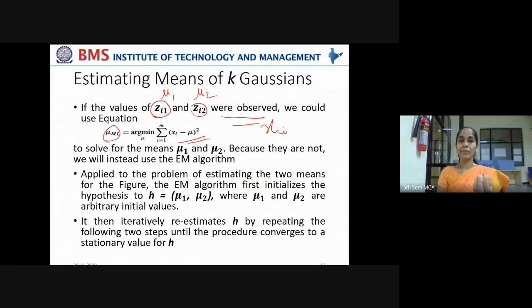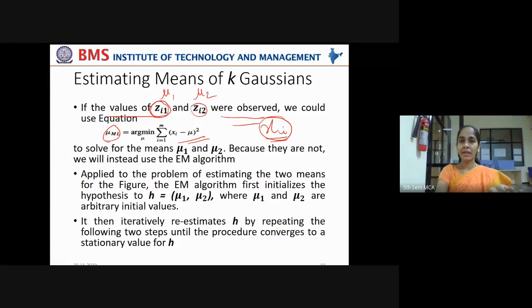Did you understand? What is the maximum likelihood of sample point xi being generated from mu1, from the zi1 distribution, or the zi2 distribution? Say, for example, if the zi1 distribution's mean has the maximum likelihood, we can say that xi has been derived from the zi1 distribution.